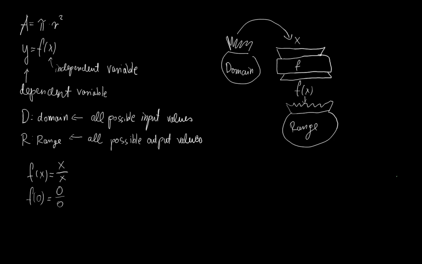The domain of a function may be restricted by context. For example, the domain of the area function given by A equals pi times r squared, as you can see here, only allows the radius r to be positive. When we define a function y equals f of x with a formula, and the domain is not stated explicitly or restricted by context, the domain is assumed to be the largest set of real x values for which the formula gives real y values, the so-called natural domain.